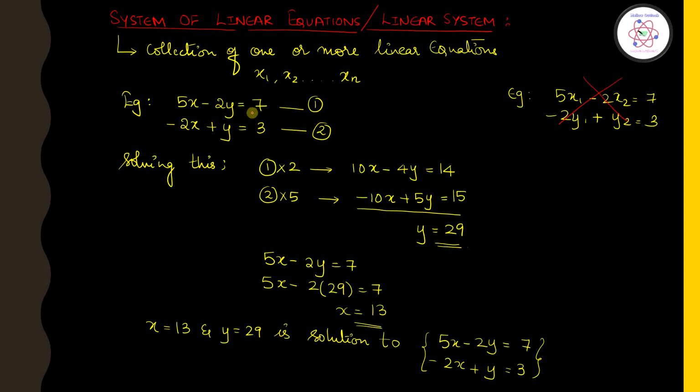Here in this particular case, we tried to solve this system of linear equations in order to obtain the variables x and y. So a solution of the system of linear equations is a set of values for the variables which makes all the equations true.